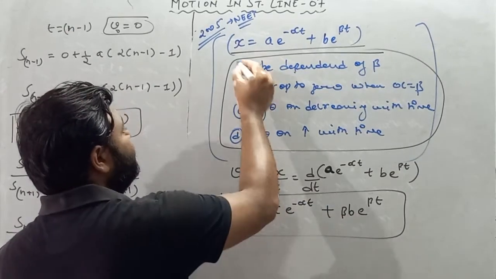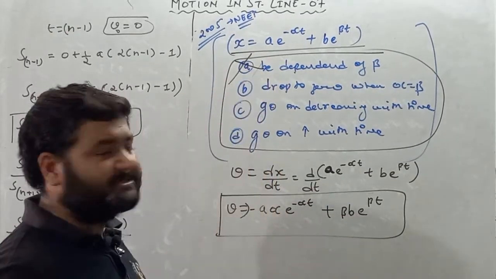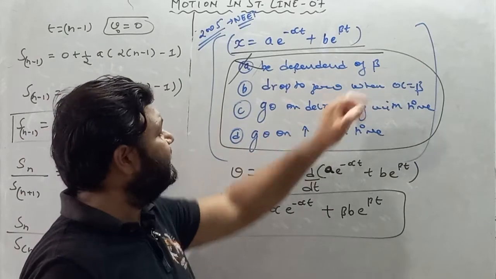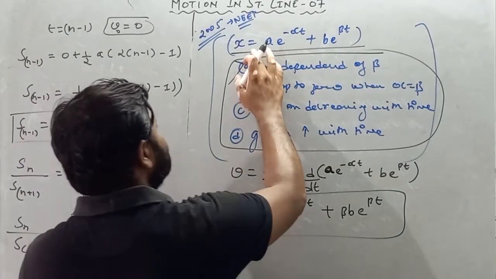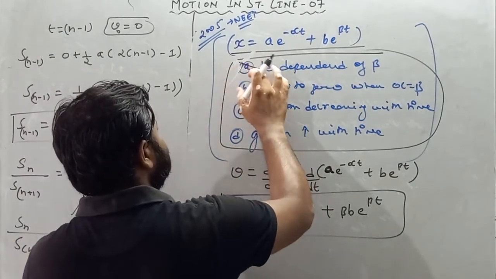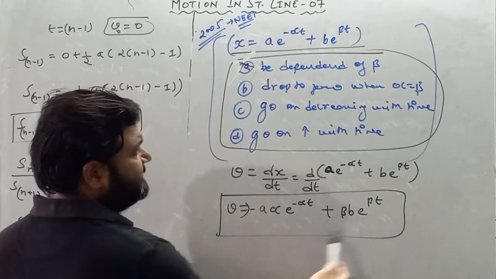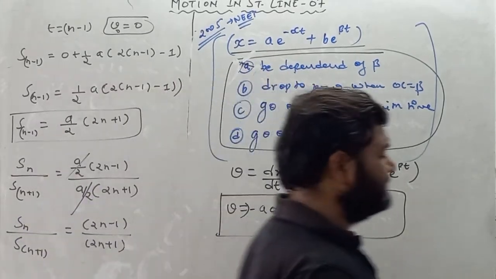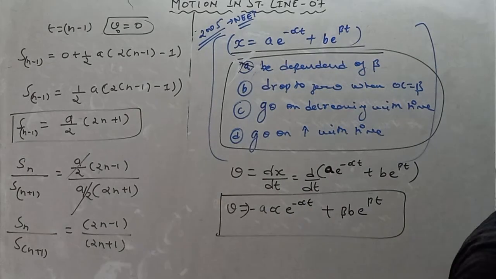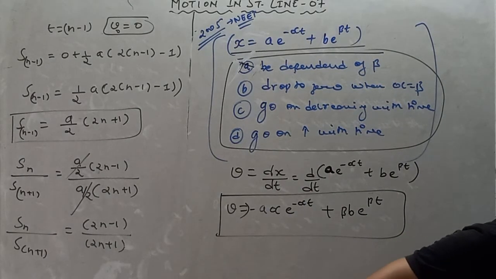So the first option is not correct. Is it dependent on beta? Yes, it is correct. This equation is dependent on beta, and this equation is also dependent on alpha as well. So write down clearly, v is not independent of alpha and beta.